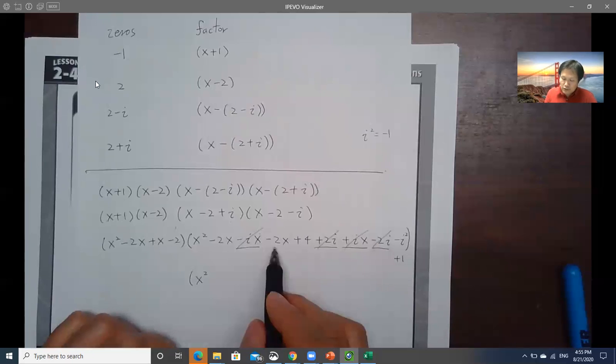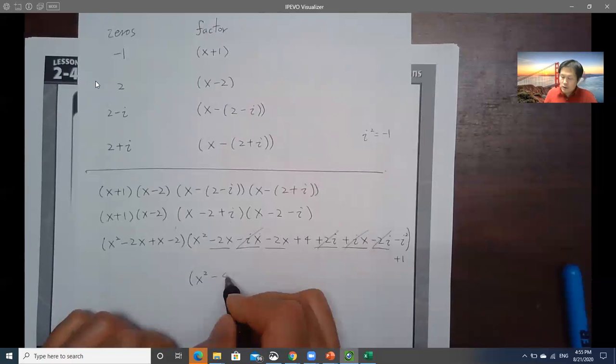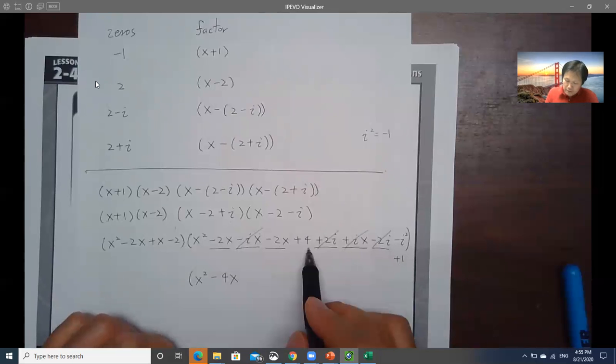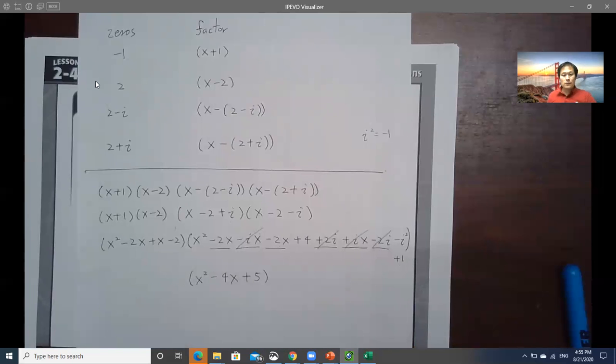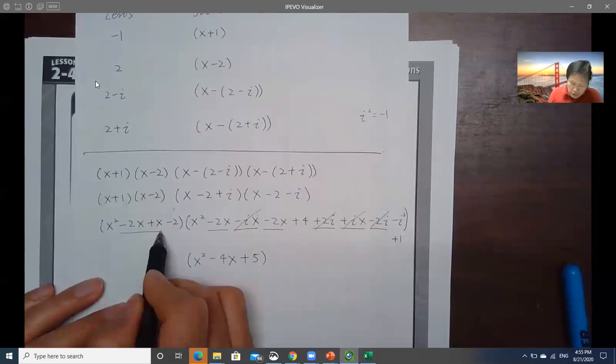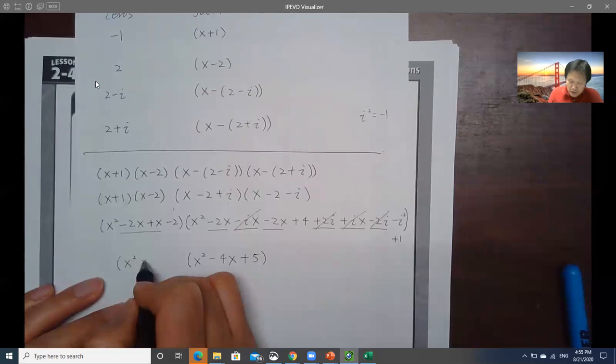Minus 2x, minus 2x becomes minus 4x. Do you remember minus i squared was plus 1? So plus 1 plus 4 becomes plus 5. Now you combine like terms, and that becomes x squared minus 4x plus 5.